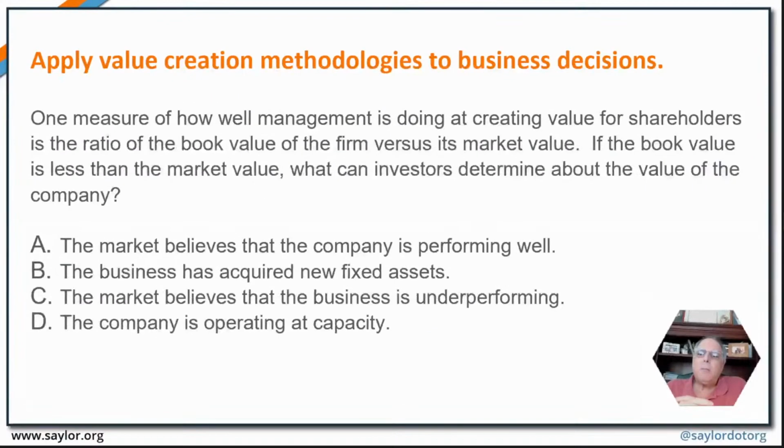We go to the balance sheet. The book value of the firm is the shareholders' equity, right? That's the book. And the book says if I take all the assets and liquidate them, turn them into cash, pay off all the debts, what's left? That's the actual book value of the firm. That's the check you would write to shareholders and say, here, this is yours.